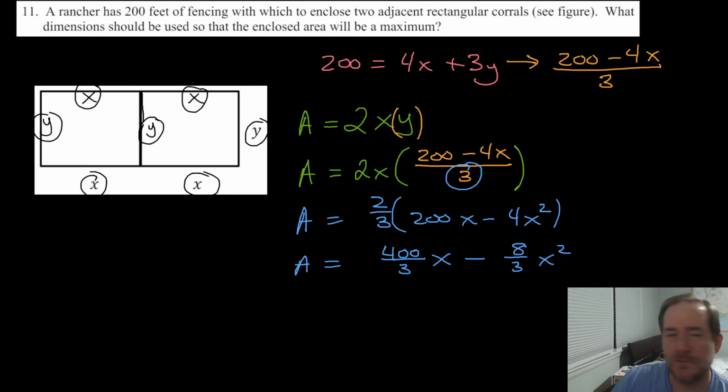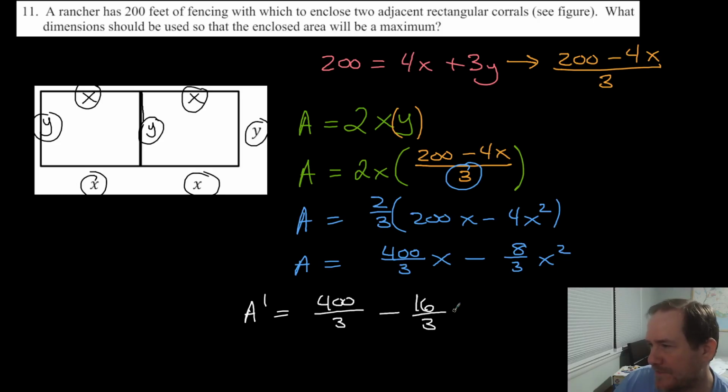And now we can differentiate that, getting an A prime that equals, well, 400 minus 16/3 times x, and we want that to equal 0.